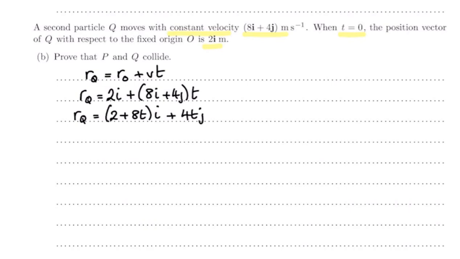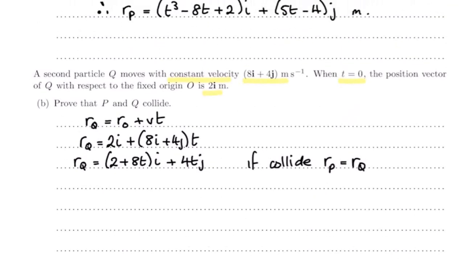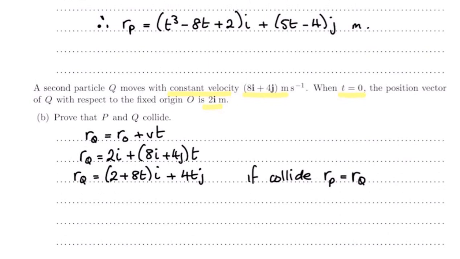Now, the question says prove that P and Q collide. If P and Q collide, then rP must equal rQ. So let's have a little look. We'll go back and I'll show you rP, there it is at the top of the screen. We're just going to look at the i components and the j components.